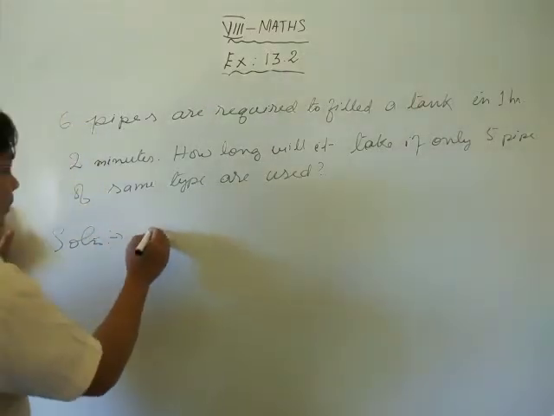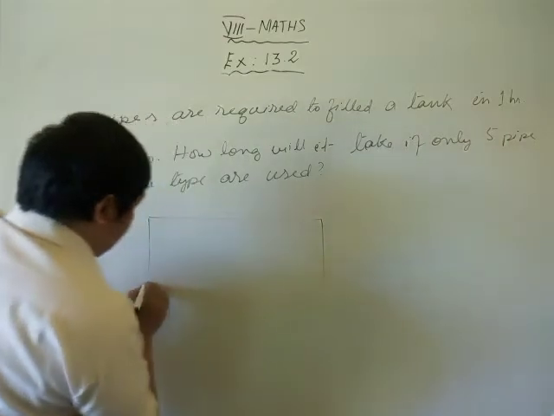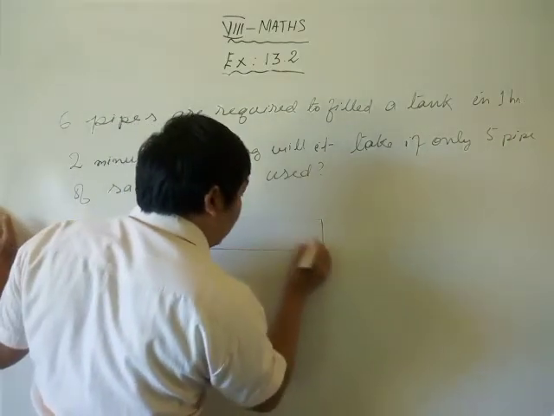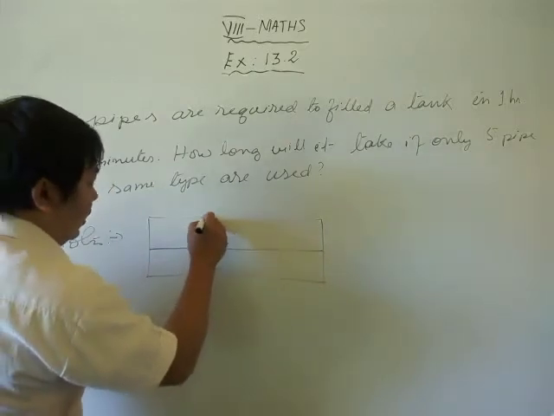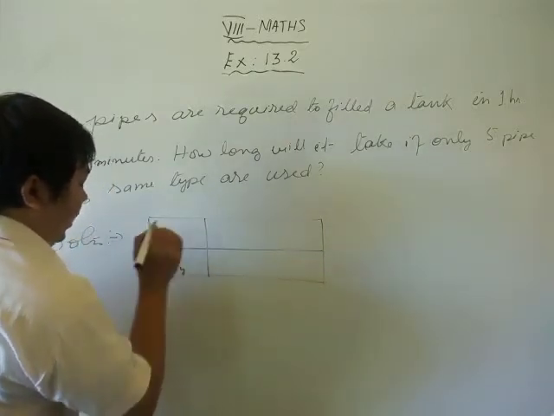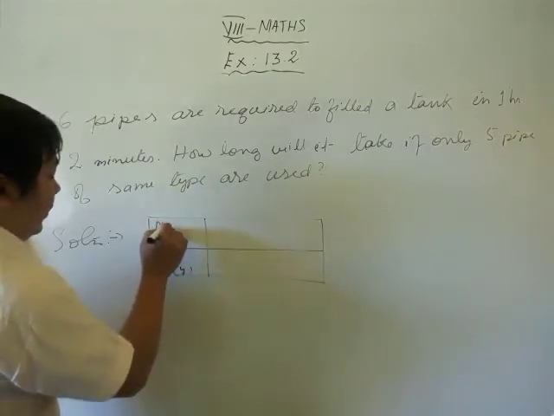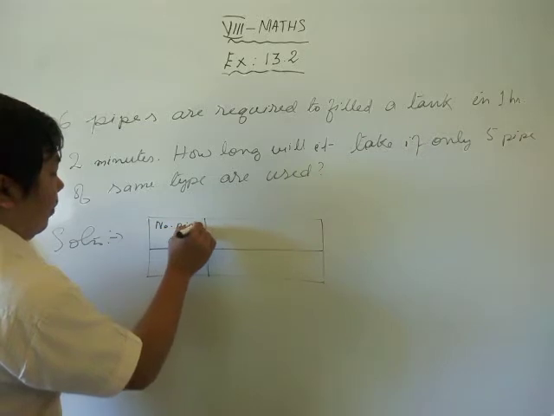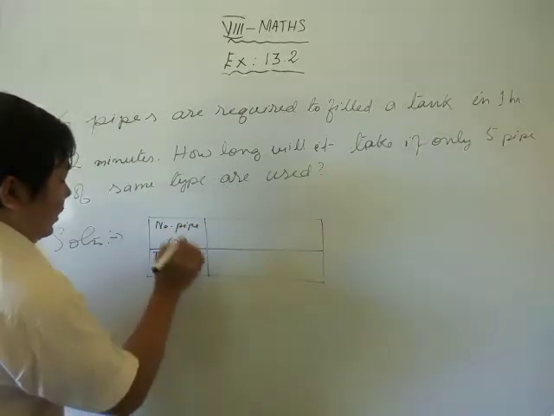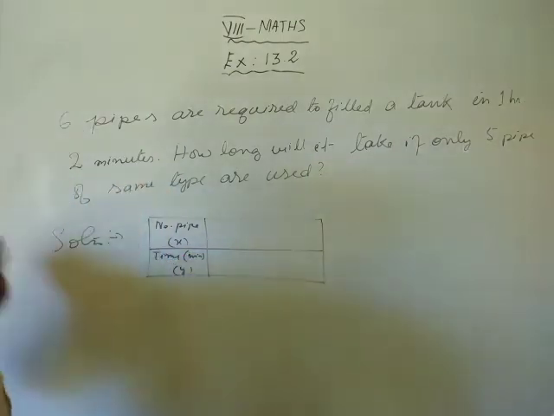So for example, we are going to draw the table of values. First, let us say this is the x value, this is the y value. In x, let us say it is the number of pipes. And here, time in minutes, because minutes are involved, isn't it?